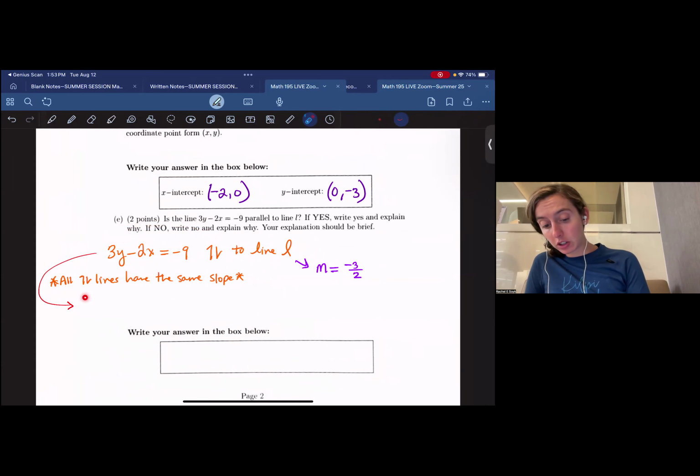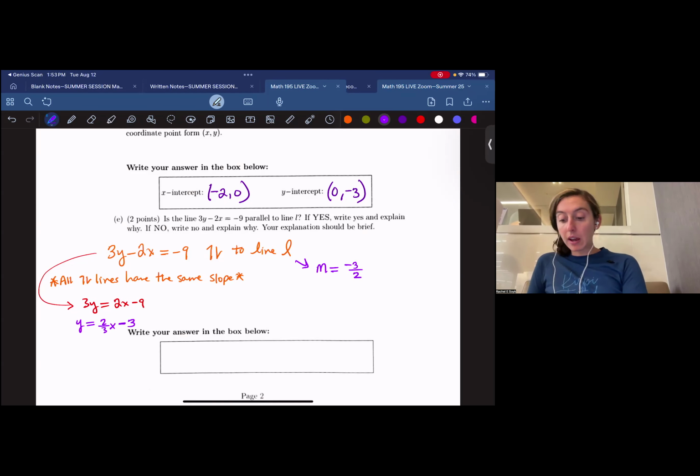So inverse operations, add 2x to both sides, and we get 3y is equal to 2x minus 9. Divide both sides by 3, and we get y is equal to 2/3x minus 3. We have the same y-intercept here, but not the same slope. Our slope is actually a negative reciprocal, so it happens to be perpendicular, not parallel.